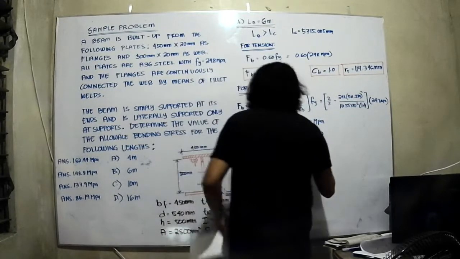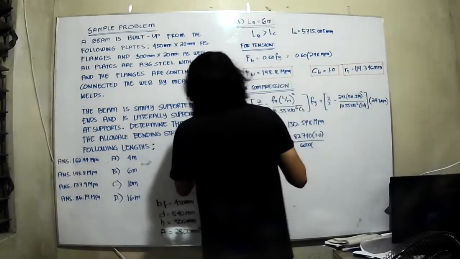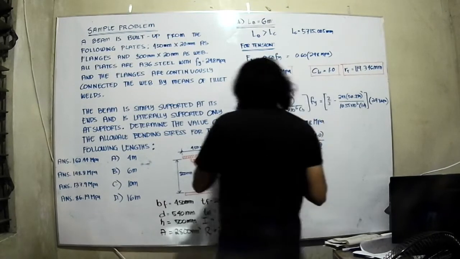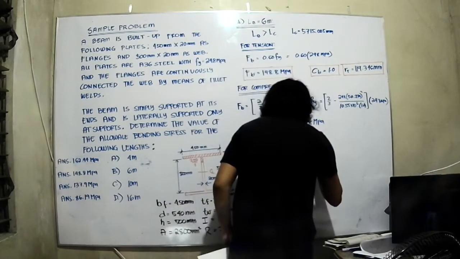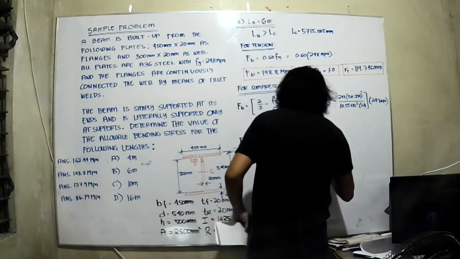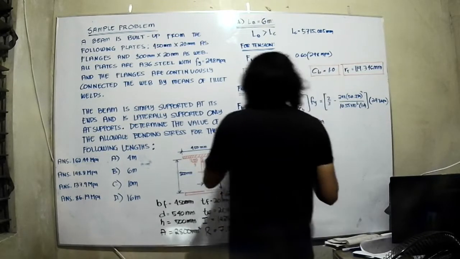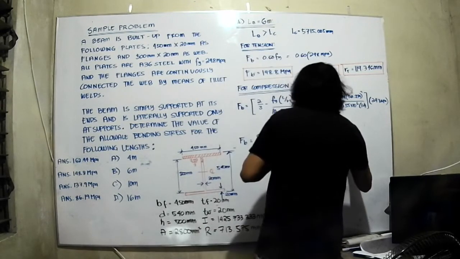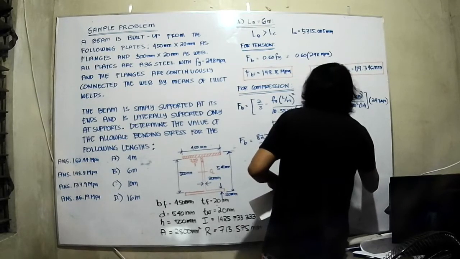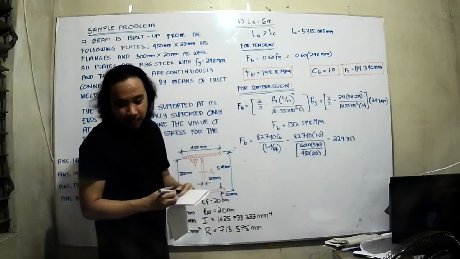L is 6,000, D is 540, divided by AF, the area of the flange, which is equal to 450 times 20. That should be equal to 229.833. Okay?